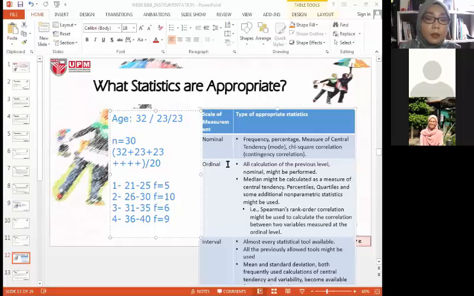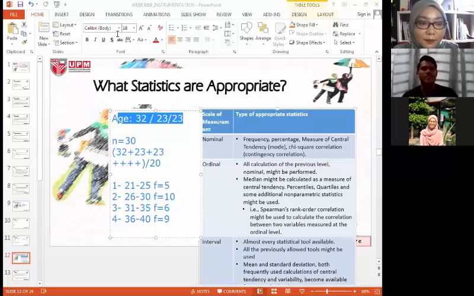Understood, doctor. Okay, what is the scale of measurement for age in this form? Who can answer? Interval, doctor. Ratio. Why ratio? Because of zero. Look at zero, Pravesh. Is there anyone who is 0 years old?